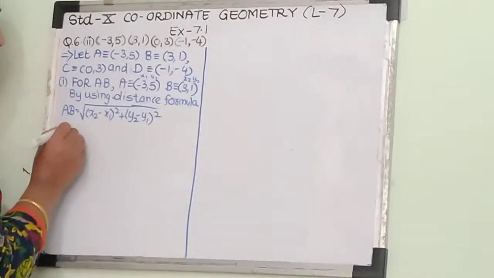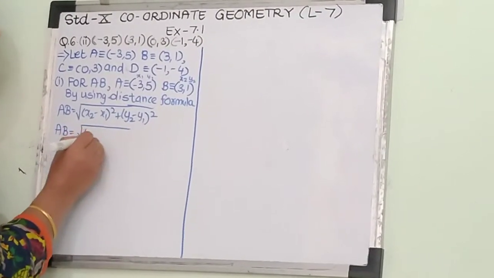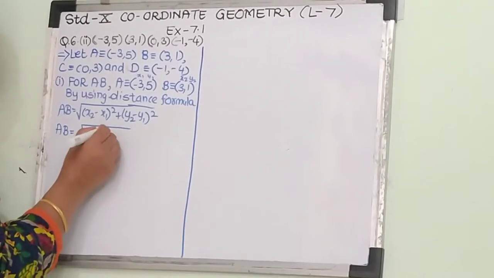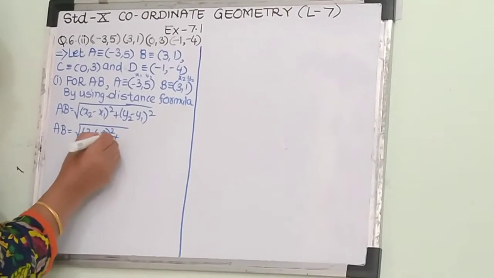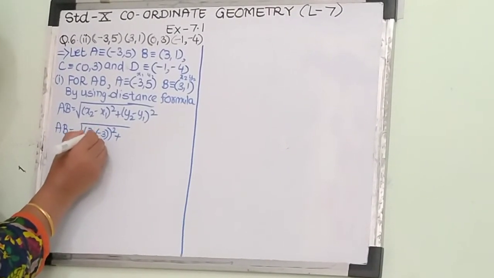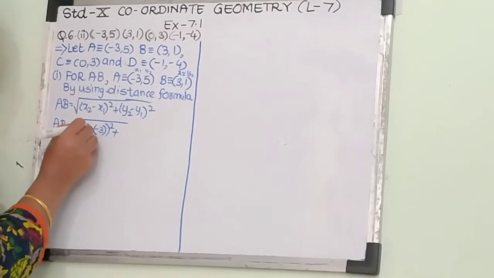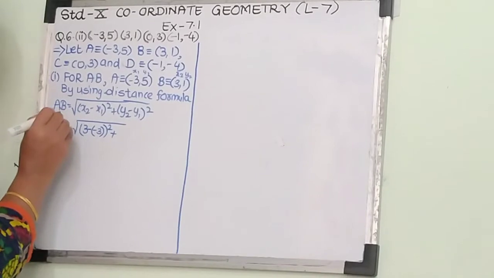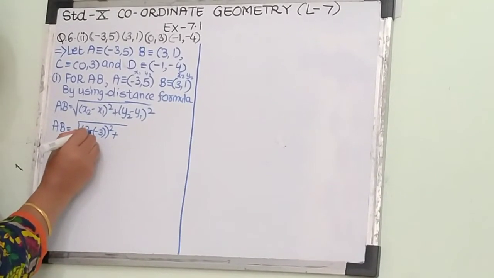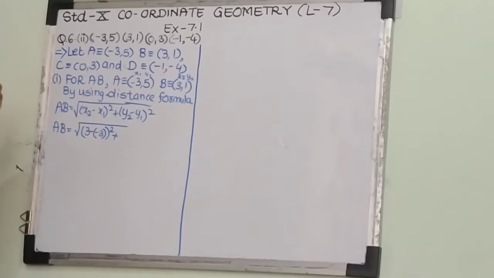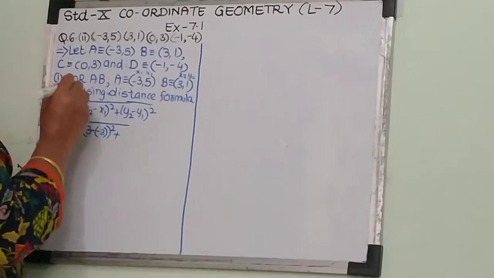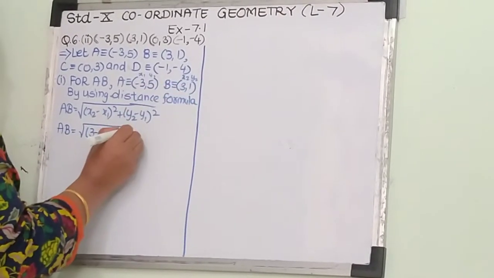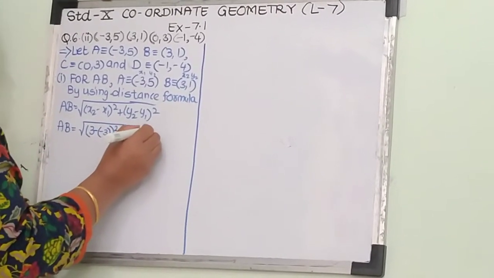So here we get AB equals to root of (x2 that is 3 minus (-3)) bracket square. So I will write -3 in a bracket, because before this number there is a minus sign. So whenever a minus sign comes, you have to write the number after the minus sign in a bracket. Here y2 will be 1 minus y1, which is 5.